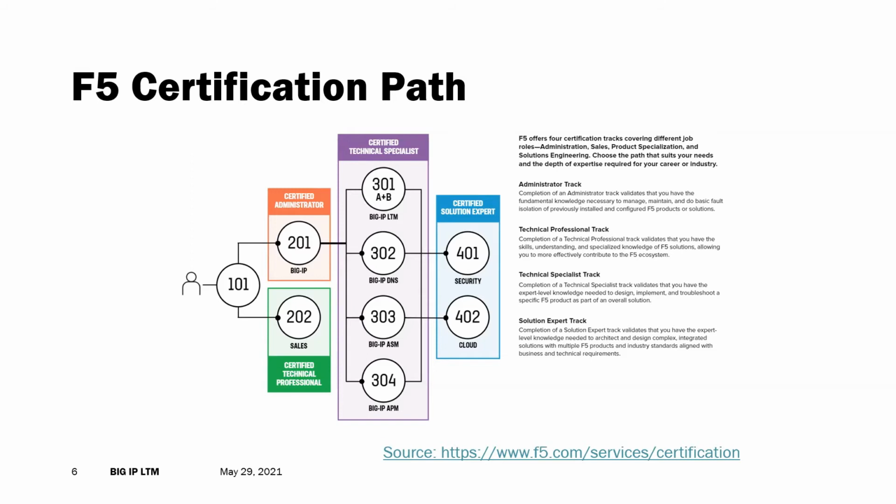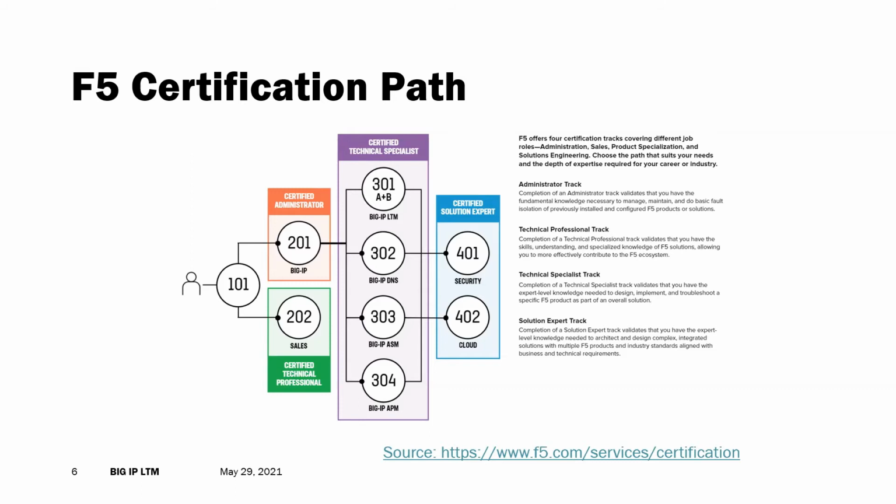If you are going to have your future in the solution architect or technical specialist field, you will have to do the certified administrator certification. That's 201. And there is also a program specifically designed for the sales guys, that is 202.